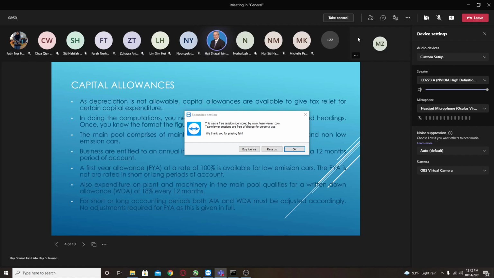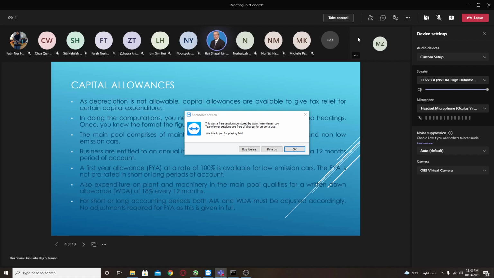For first year allowance, no adjustment is required, because you get 100% allowance irrespective of whether it's a short or long accounting period. So if it's a 9-month accounting period, you don't do 9/12. For first year allowance, it is given as 100% allowance.